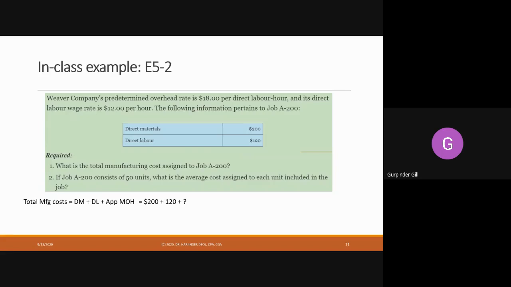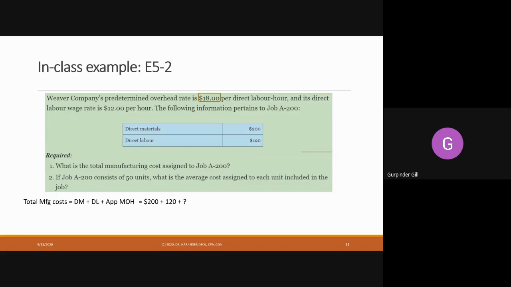You can look at the total manufacturing cost as a unit or for a particular project, but conceptually it remains the same. So in this instance, we know that our direct material is $200. We know the direct labor, or the money spent on this job for direct labor, is $120. The question is, what is our applied manufacturing overhead in this case? Because a combination of those three is what's going to make our total manufacturing cost.